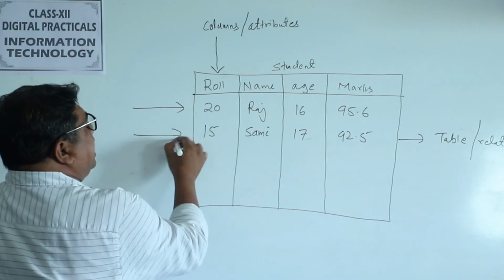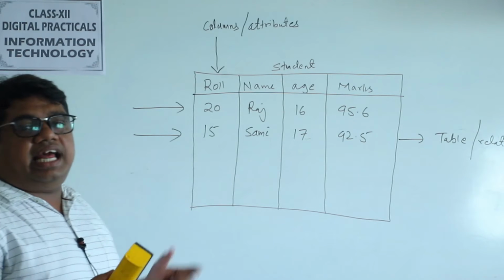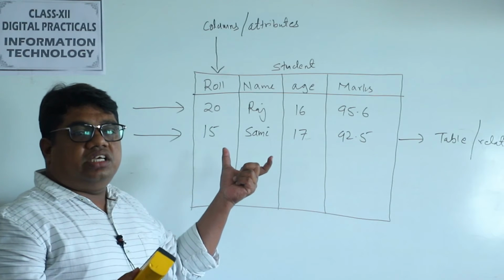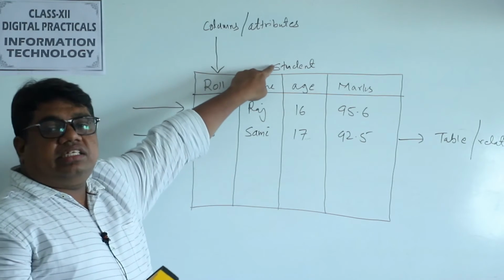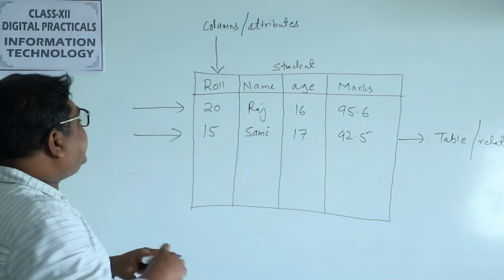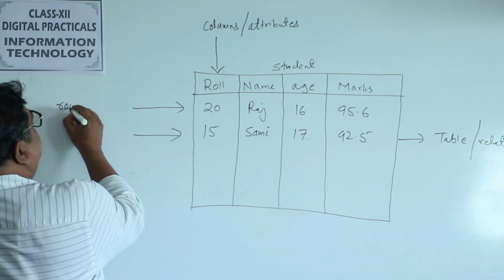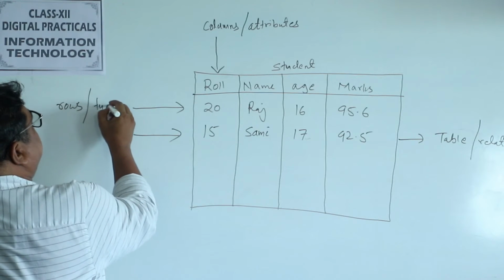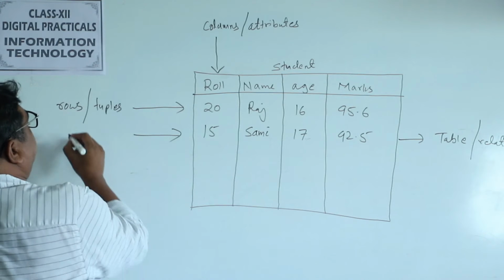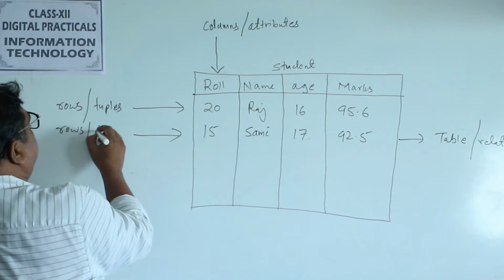So see, here I am having 2 rows and I have stored these rows in the table, that is student. And these rows are also known as tuples.